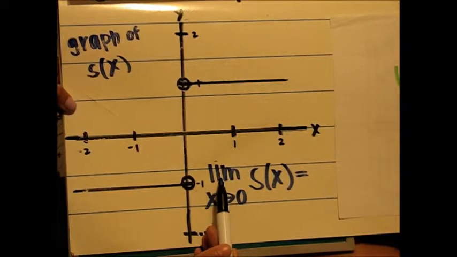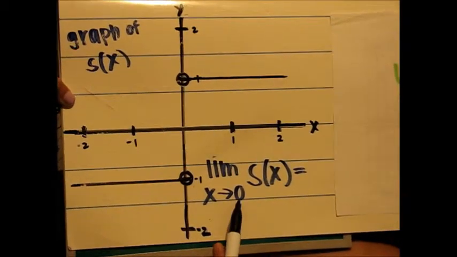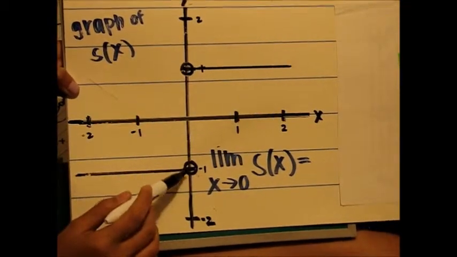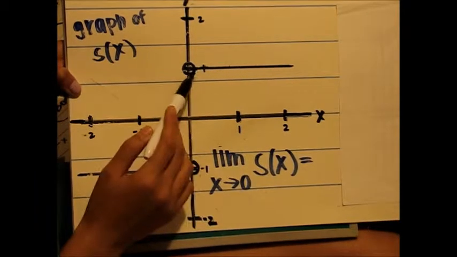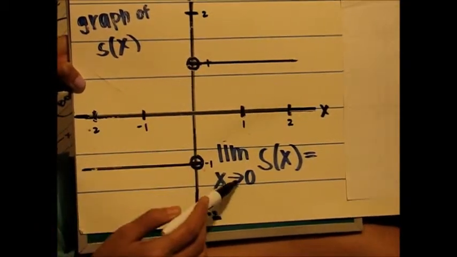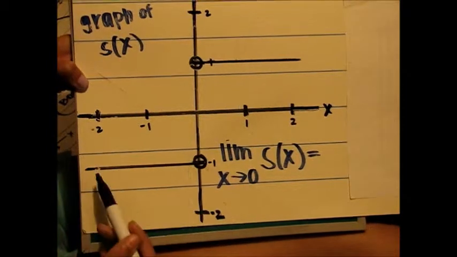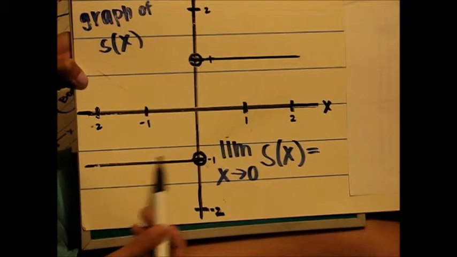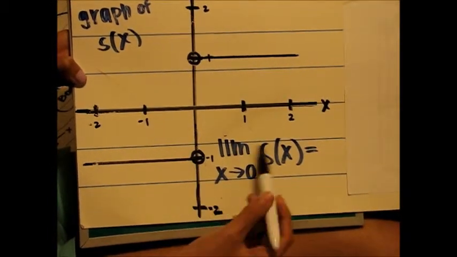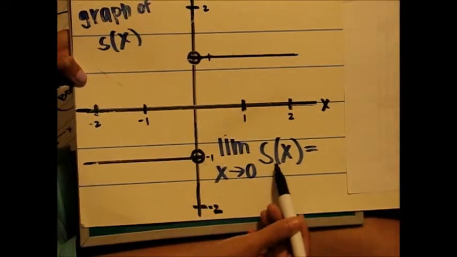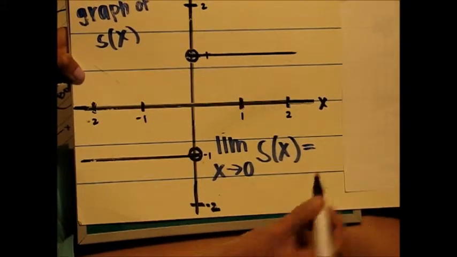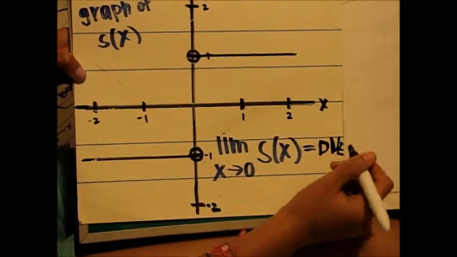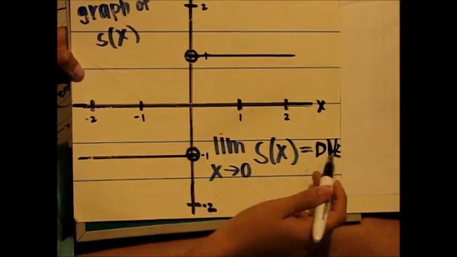When we try to find the limit as x approaches 0 of the function s of x, we can tell that it does not exist because from the right hand side the limit as x approaches 0 is 1, but from the left hand side, as x approaches 0 from the left hand side, the limit is -1. Thus the limit of this function as it approaches 0 does not exist. And we represent that with D and E.